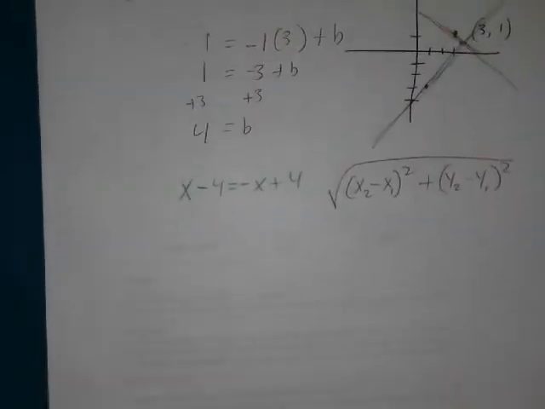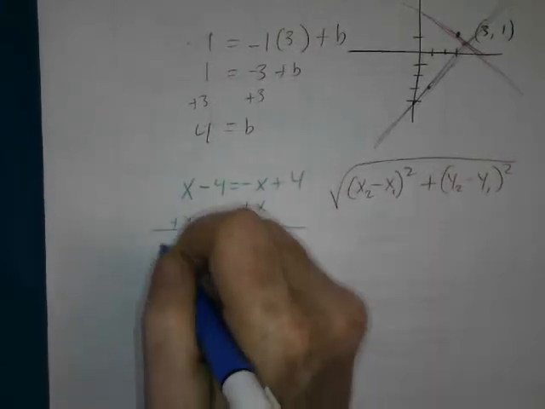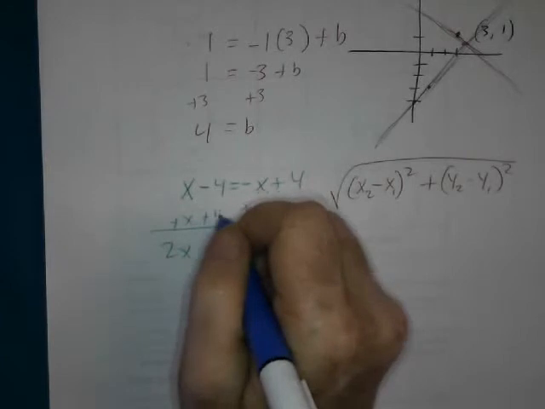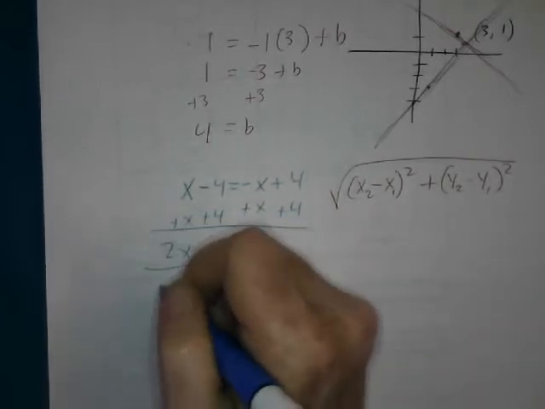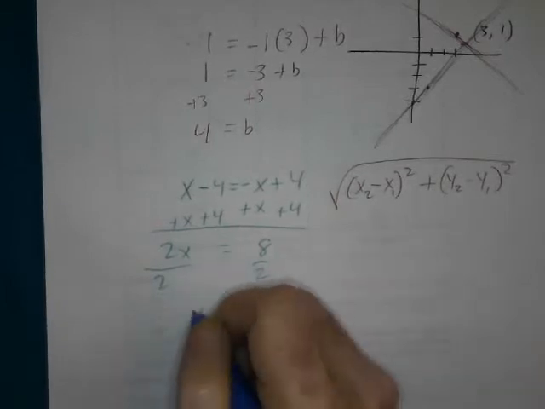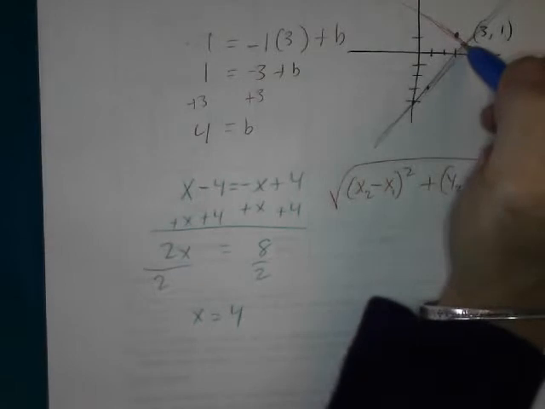And then I can add x to both sides. And I get 2x. I think I'll add 4 to both sides also. 2x equals 8. X equals 4. That gives me the x coordinate. And that looks like actually 4, doesn't it?